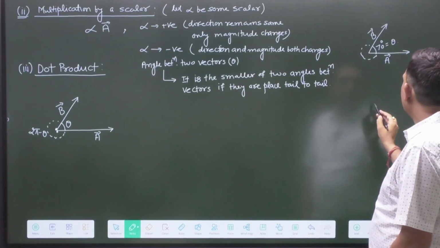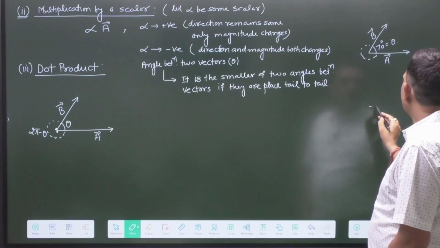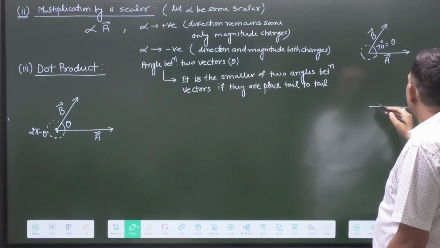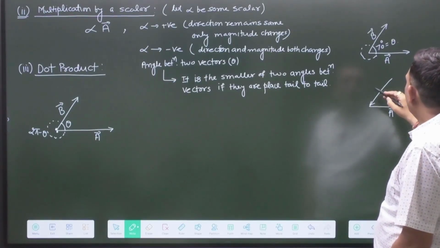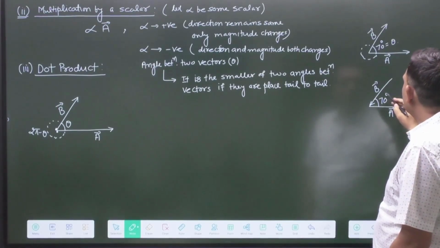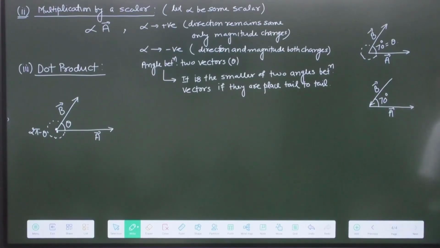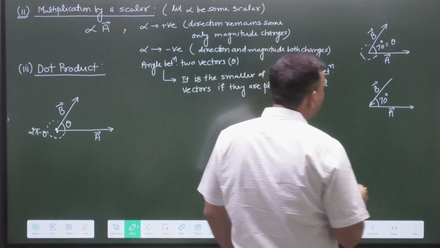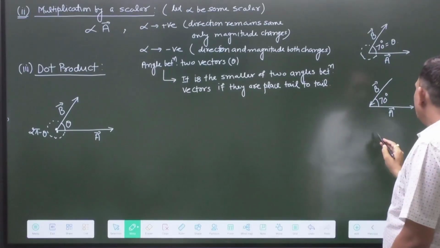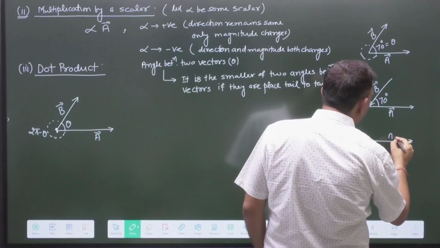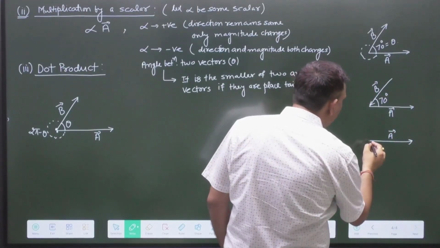If I consider this is vector A, this is vector B. Now this angle is 70 degree. This is given. So what is the angle between two vectors? What will be the angle between vector A and B? So let's place tail to tail. So extend this vector. This is vector A. Now extend this vector. This is tail of this vector.